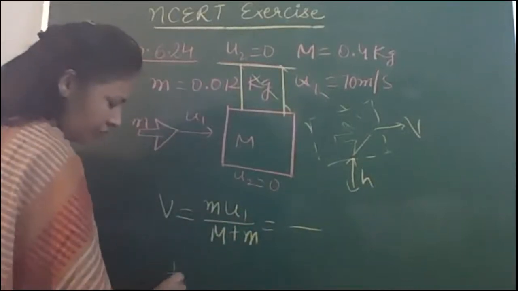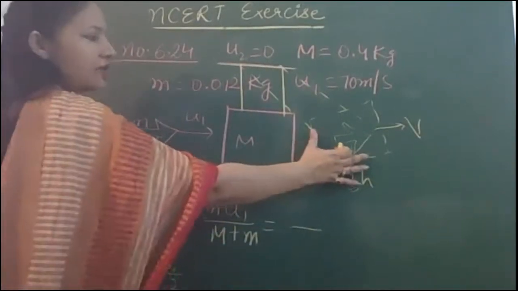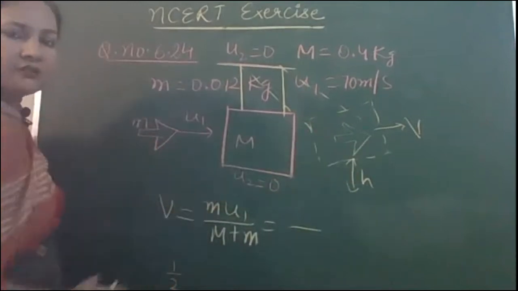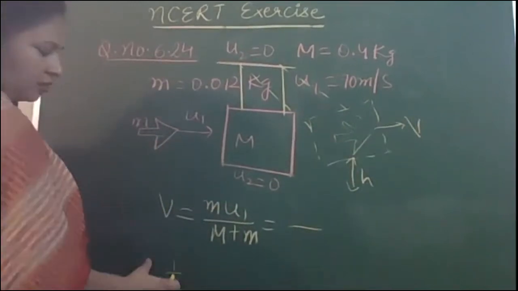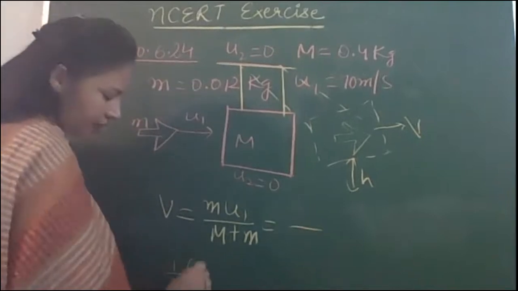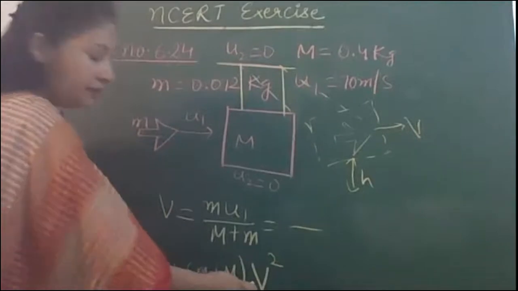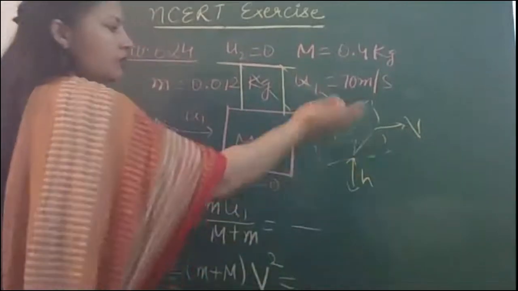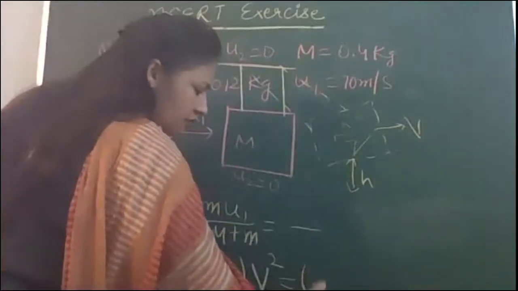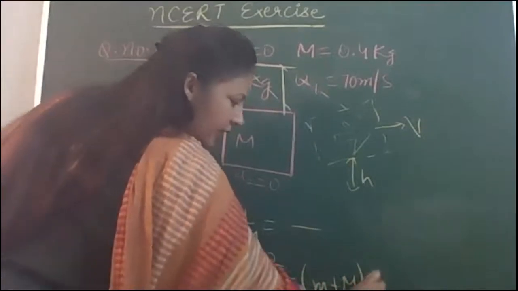Now, where does that kinetic energy that this combined system has received go? It is having certain kinetic energy, half (m plus M) v square, where v is the common velocity. That is converted into potential energy because of which it is attaining that height. So (m plus M) g h.